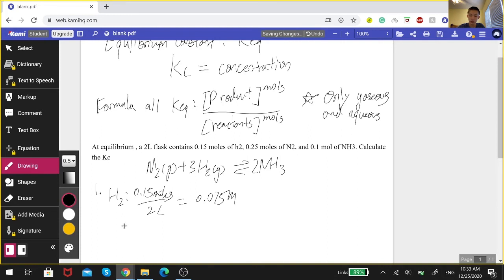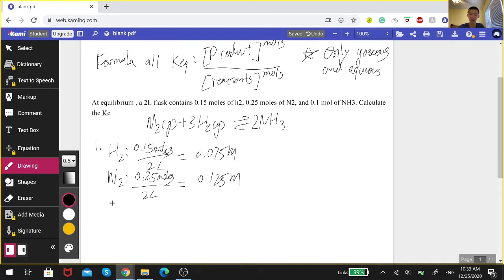And N2 will be 0.25 moles divided by 2 liters, which gives you 0.125 molarity. And finally, NH3 is a total of 0.1 moles, still 2 liters, so you get a molarity of 0.05 M.